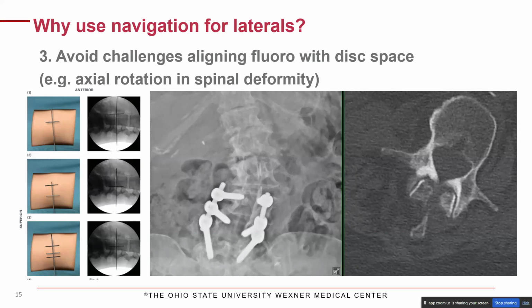And that's a major challenge, I think, when somebody has a scoliosis or a coronal deformity that especially includes axial rotation. You sort of have to do quite a bit of gymnastics to get that direct lateral shot, and I think that process is vastly simplified, and it almost feels like cheating when you use 3D navigation.